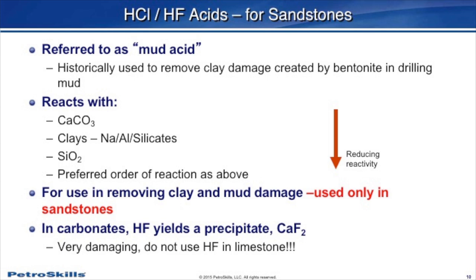That's because they were developed to solve the problem with the damage that was being created by the bentonite back in the 40s when we were damaging our wells with bad drilling practices. We had a lot of mud damage, and so they developed the mud acid to dissolve the bentonite and clean that up.